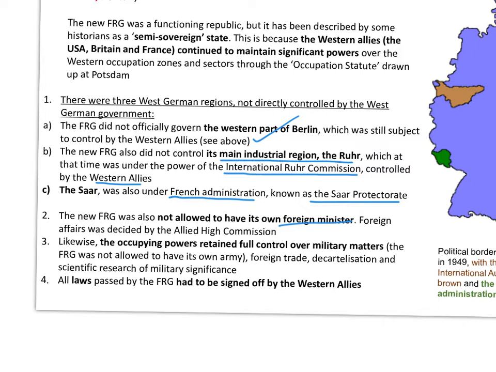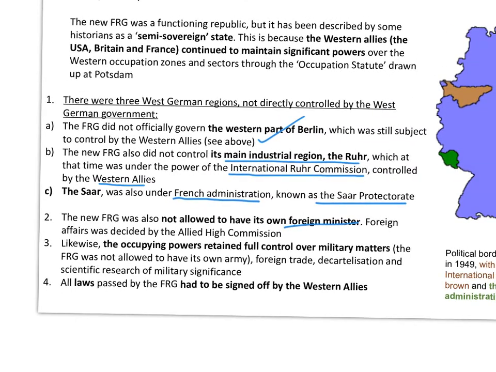Other points. The new West Germany was not allowed to have its own foreign minister. Now, obviously, in a fully sovereign state, one of the key members of the government would be the foreign minister, who has the delegated power to, for example, sign foreign treaties with other countries.